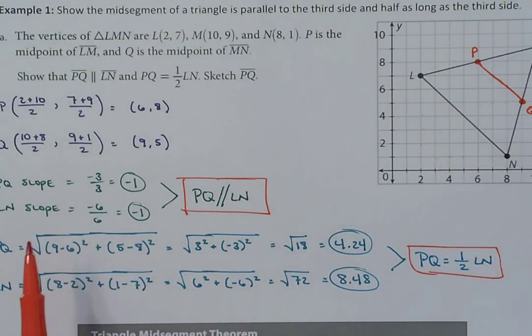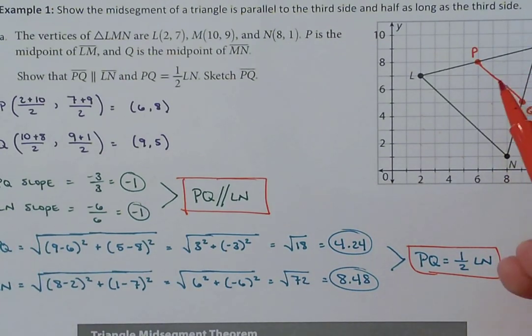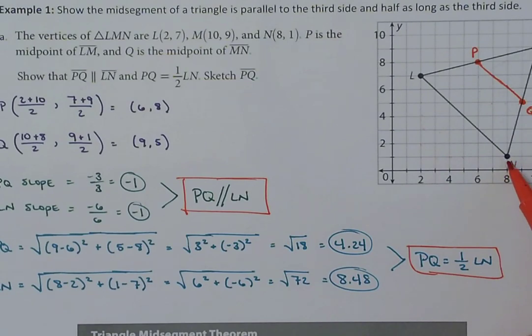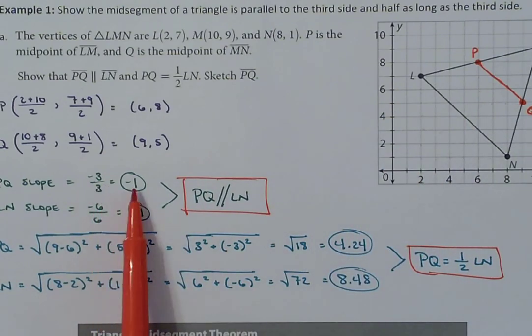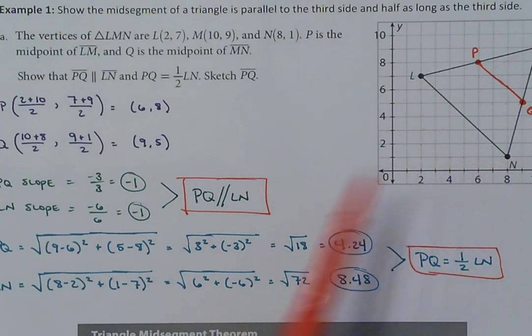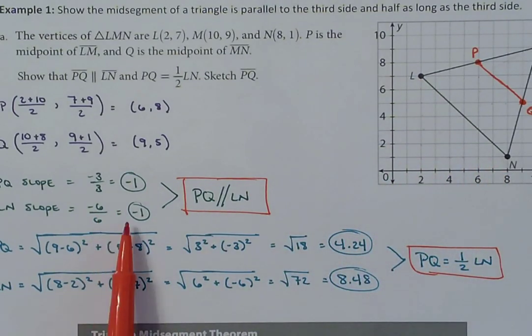To figure out if the lines are parallel, we find the slope. I went down 3, right 3 to get from P to Q, and down 6, right 6 to get from L to N. So the slope of the red line is negative 3 over 3, or negative 1. The slope of LN was negative 6 over 6, which is negative 1.